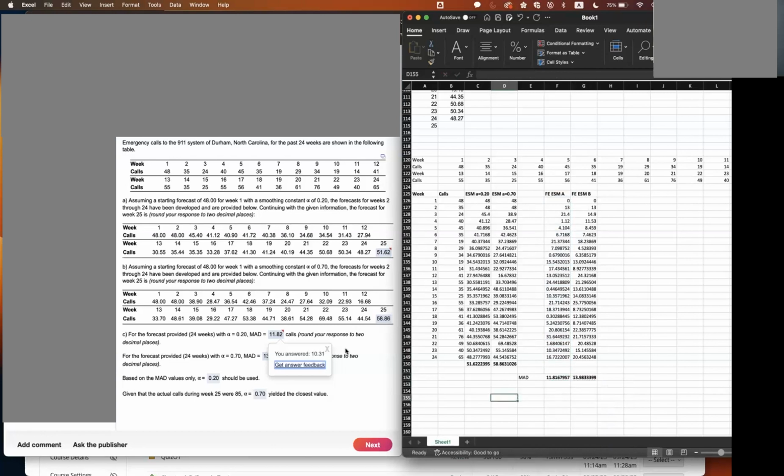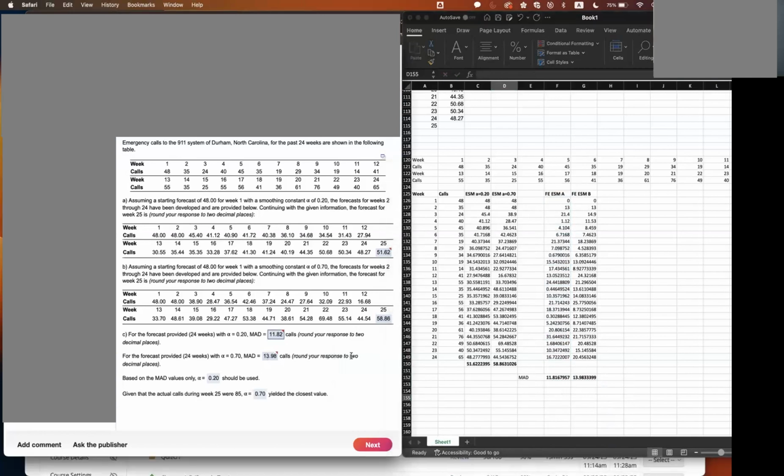So the answer has to be MAD 11.82 because you are rounding up, and then 13.98 for the second one, right? And then based on MAD values only, alpha equals 0.20 should be used because MAD is lower than the second option.